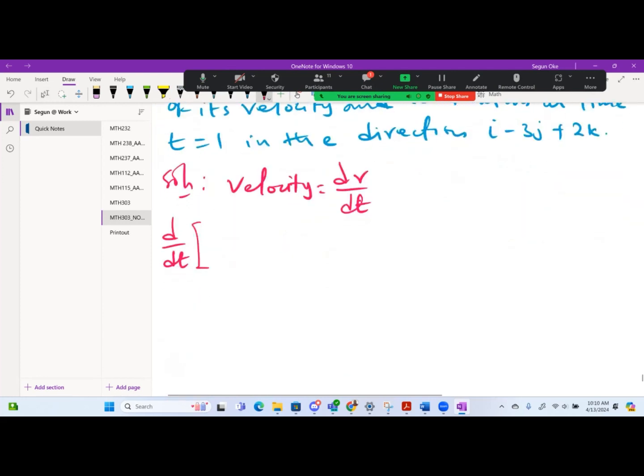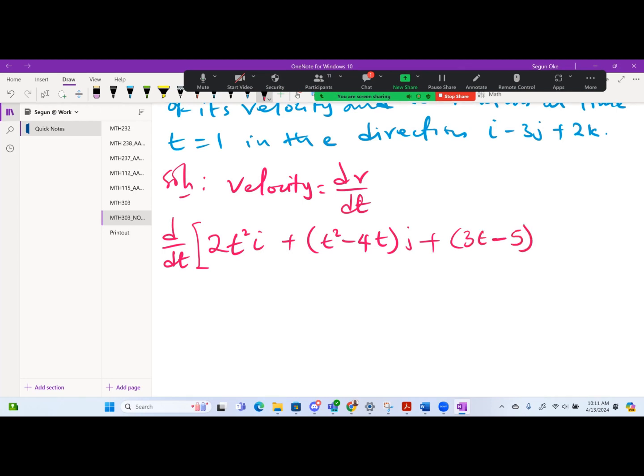So my x is 2t squared i plus t squared minus 4t j. Don't say t squared minus 4t is minus 3t. It's not the same thing, because this one carries a square, the other one is a single t, not squared. They only have t in common, but not t squared. Then 3t minus 5k.